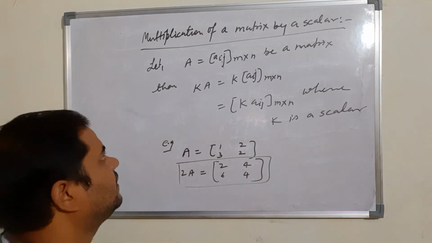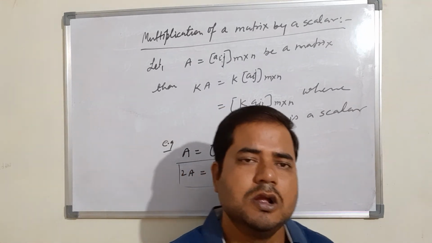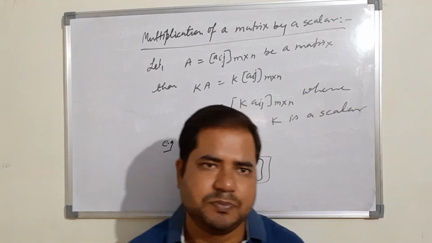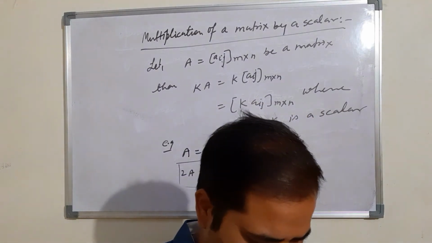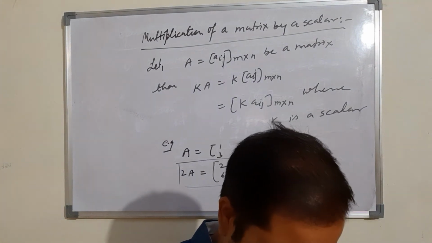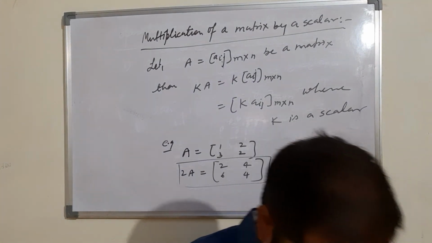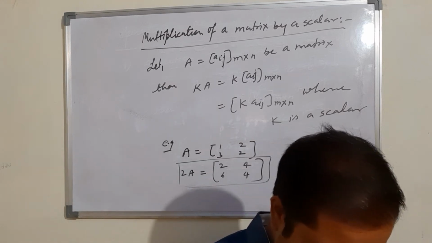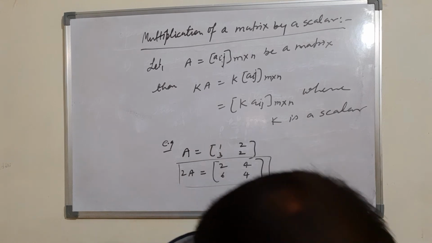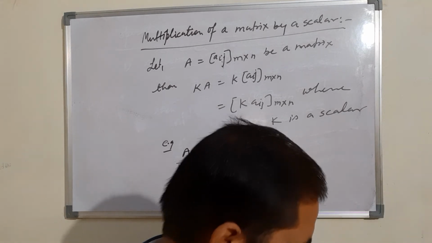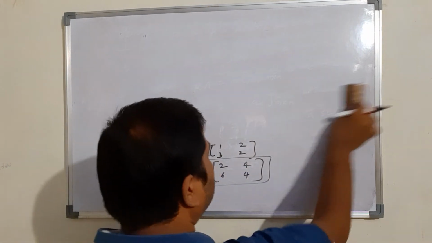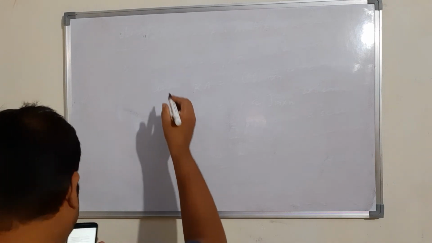Difference of matrices. In the same manner, if A and B are two matrices, then their difference is defined as A minus B is equal to Aij minus Bij. In this also the order of the matrices must be the same. And properties of scalar multiplication of a matrix. This is important.